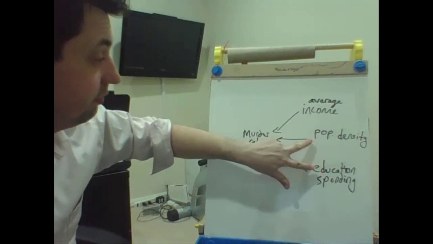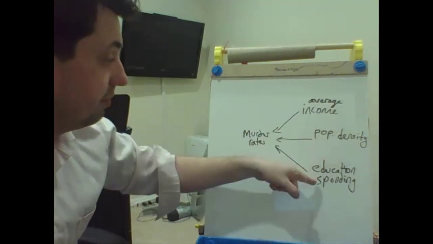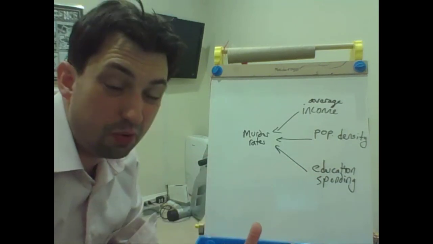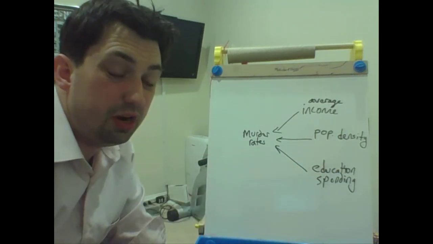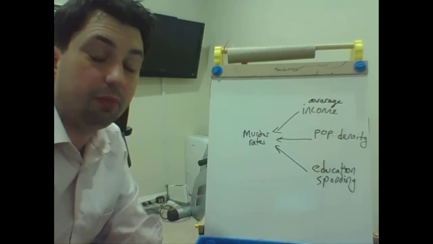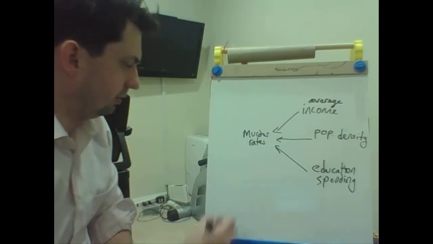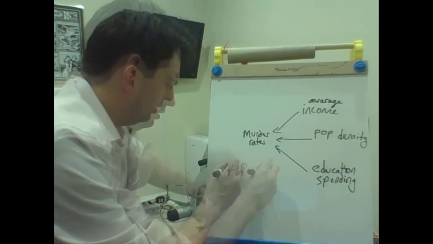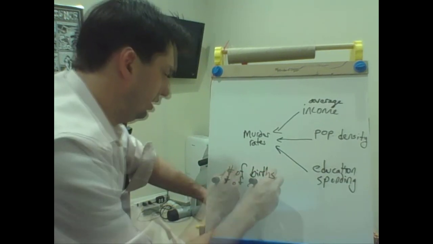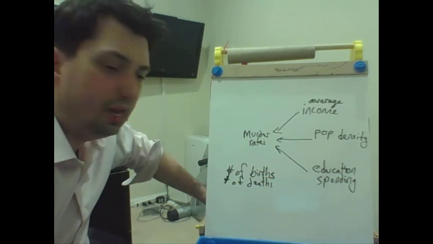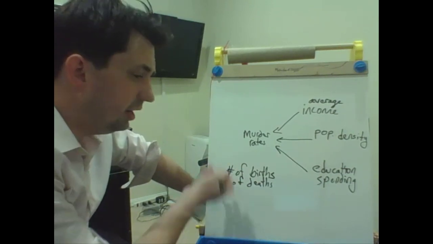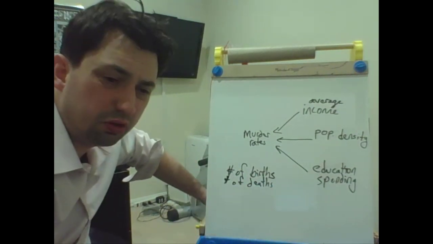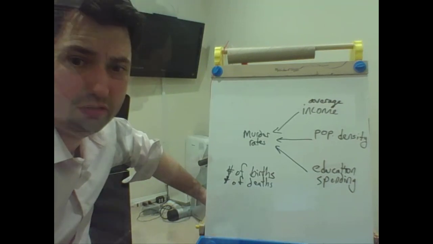Again, these are also very different. While average income and education spending seem to overlap quite a bit, they are not so redundant. Some people will say things, like ones that you should not use are ones like the number of births and the number of deaths. That's very redundant because it's going to strictly depend on population.